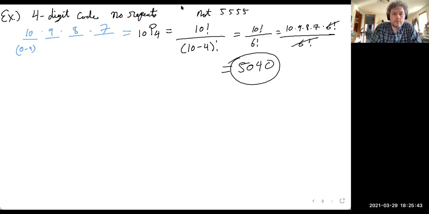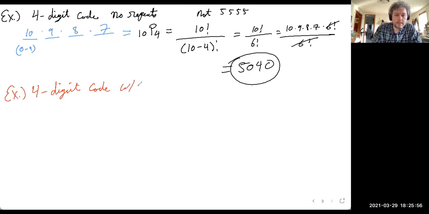So let's do, just going backwards, a 4-digit code with repeats. Then I want to use the multiplication principle. 1, 2, 3, 4.